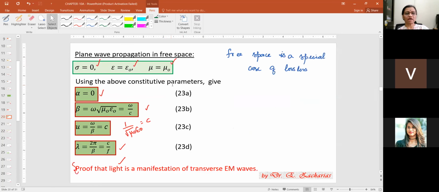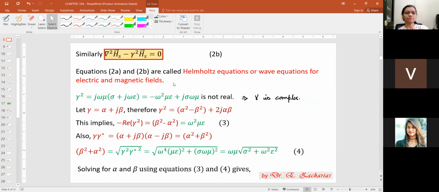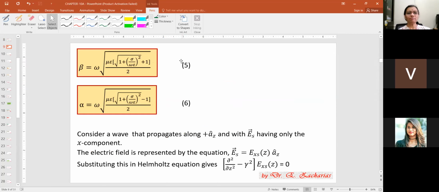Now what I will do is, I will take you to the previous expression for alpha and beta. Now come to this basic expression, and think of sigma by omega epsilon becoming very large. Because sigma is very large, sigma by omega epsilon will become much greater than 1.